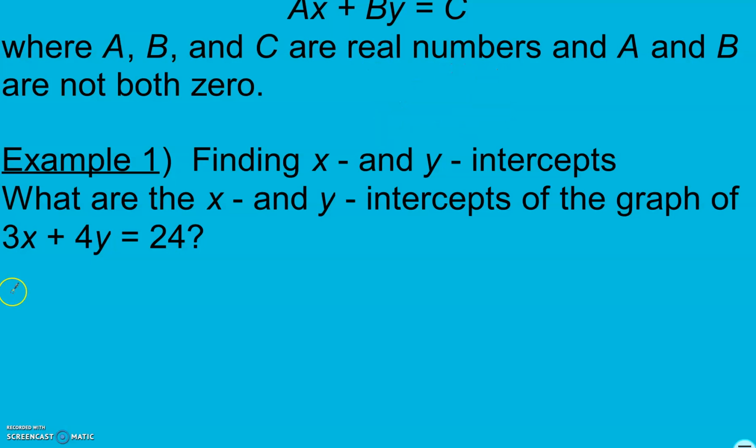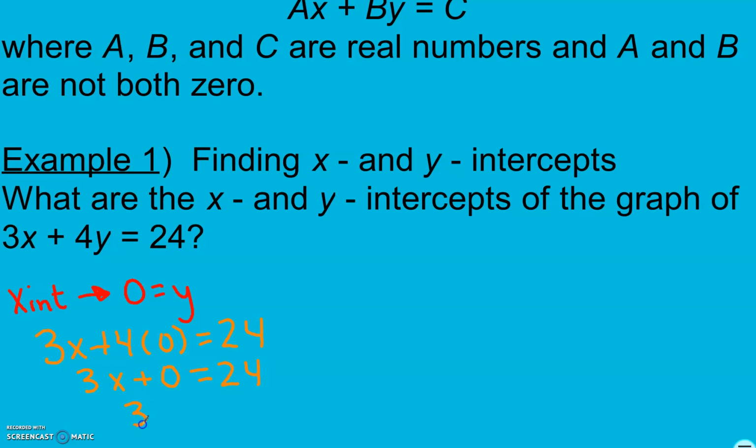So again, to find an x-intercept, we plug a 0 in for y. So I have 3x plus 4 times 0 equals 24. And then I solve for x. Multiply first. We want to simplify both sides.